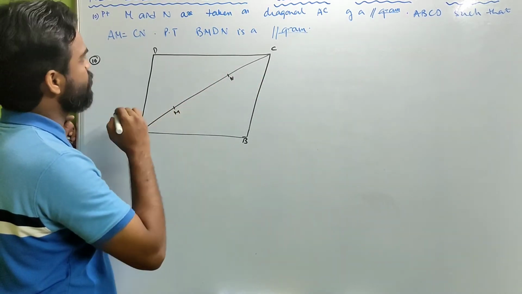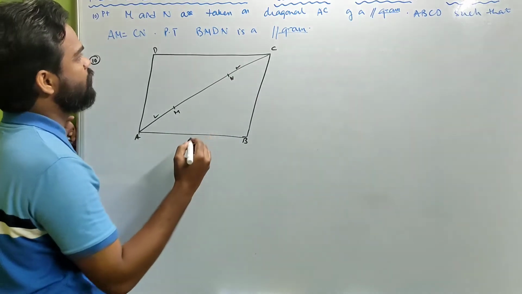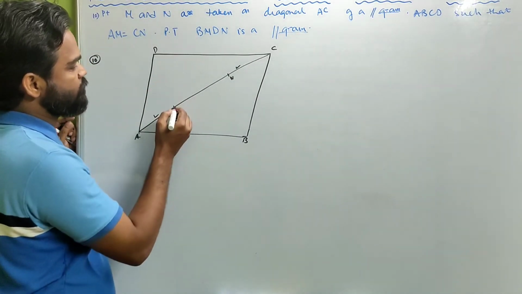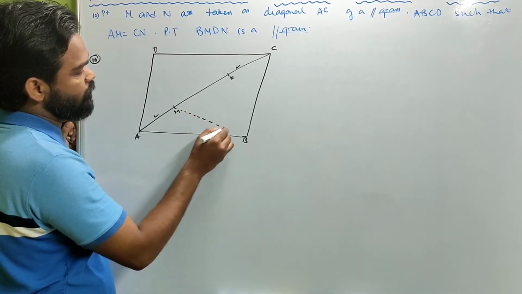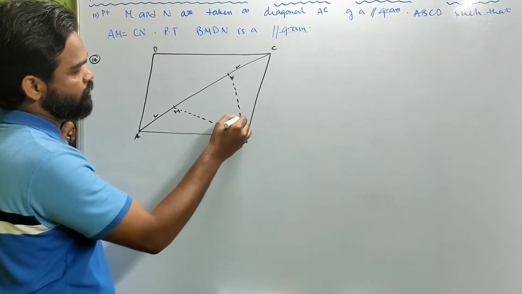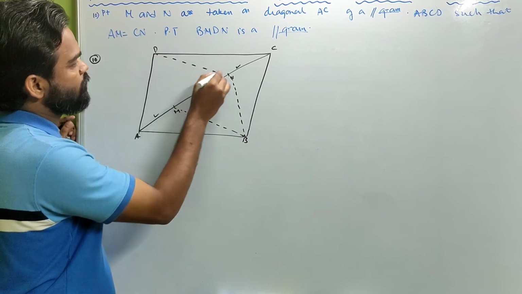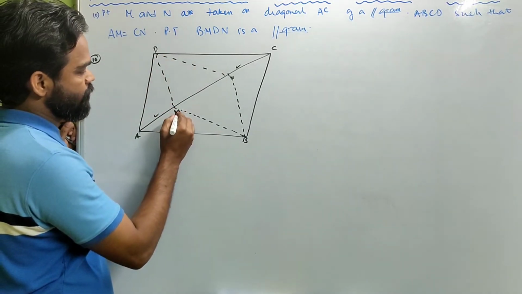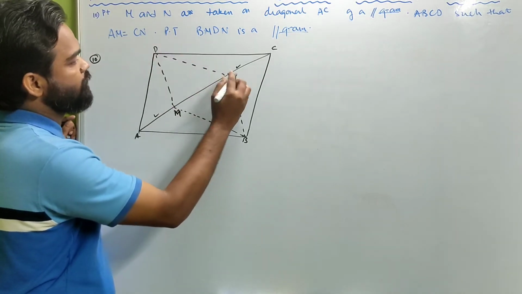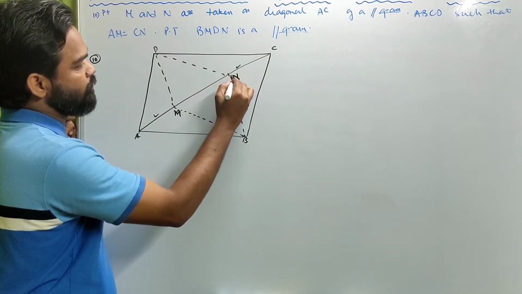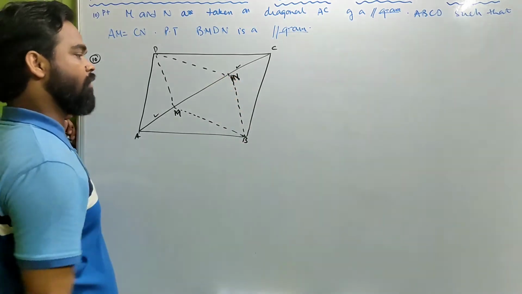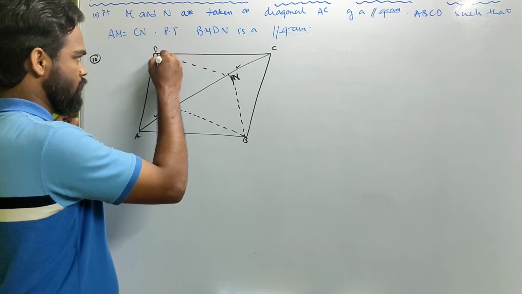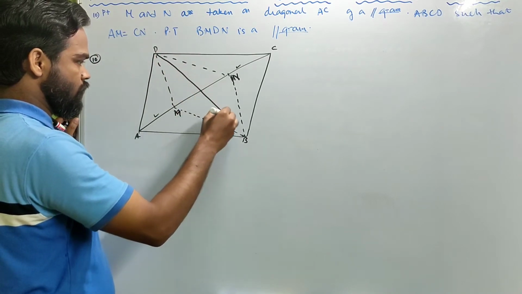That is given to us, okay? This length is same. Prove that BMDN is a parallelogram, which means if I join B, M, D, N, that's the parallelogram we need to prove. B, M, D, N. Pretty easy. I'll draw the diagonal.